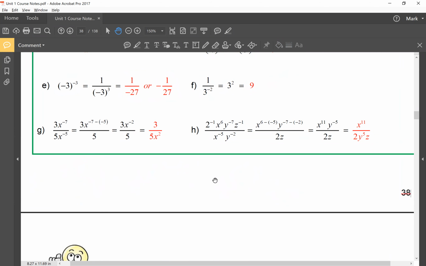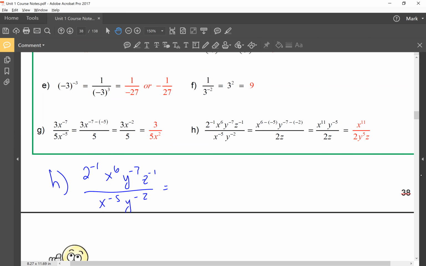All right, H. So H is 2 to the -1, x to the 6, y to the -7, z to the -1, over x to the -5, and y to the -2. For Aman, who asked the question earlier, what do you do if the denominator is bigger? I hope you're starting to see the solution of that. If your denominator is a bigger number, it will give you a negative exponent, which you can turn positive. Okay, so first thing I'm going to do with this question is simplify, well, basically everything.